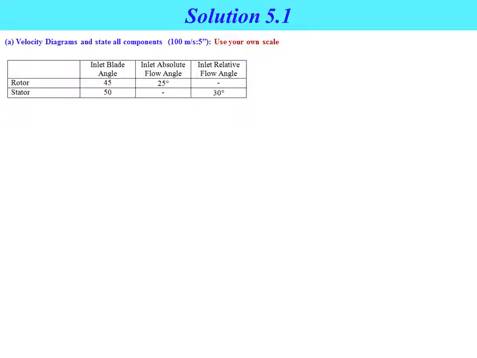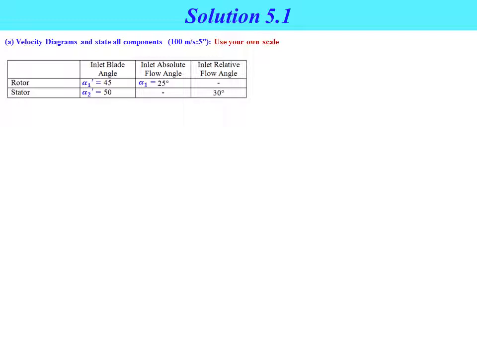First, we look at the table given in the question, which gives the inlet blade angle, inlet absolute flow angle, and inlet relative flow angle for the rotor and for the stator. First we need to identify which parameter symbols the given values relate to. Inlet blade angle for the rotor is alpha 1 prime, and for the stator alpha 2 prime.